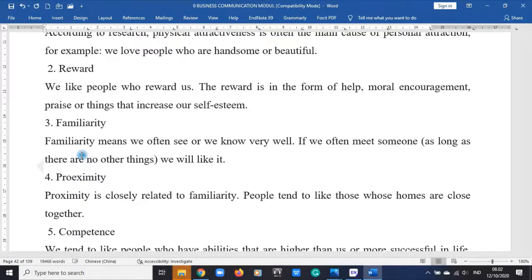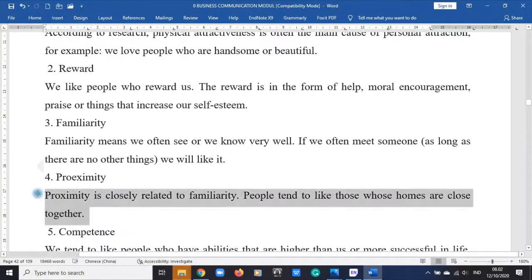And then proximity. Proximity is closely related to familiarity, but in terms of space, physically. Familiarity is not only because we are physically close to each other, but because we often see each other.